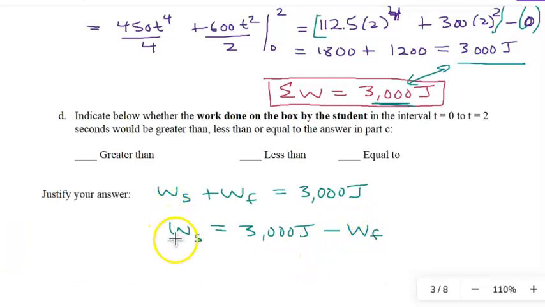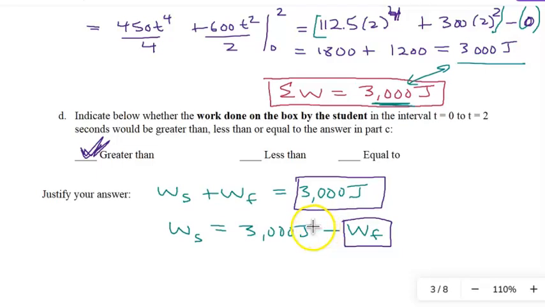So that looks like it might be less than, but remember, the work done by friction, sliding friction, is always negative. So this is a double negative in here. We're going to subtract the work done by friction, but the work done by friction is negative. So the person did more energy than that.